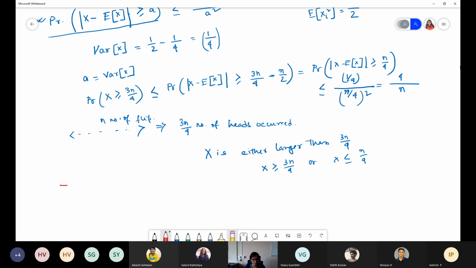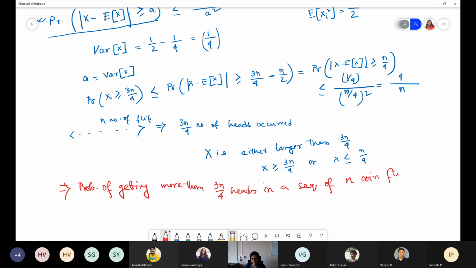Okay, so the conclusion is that the probability of getting more than 3n by 4 heads in a sequence of n coin flips is 2 by n. This comes from symmetry.